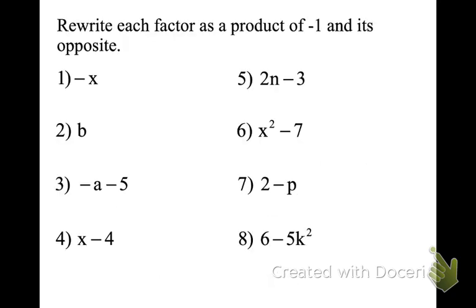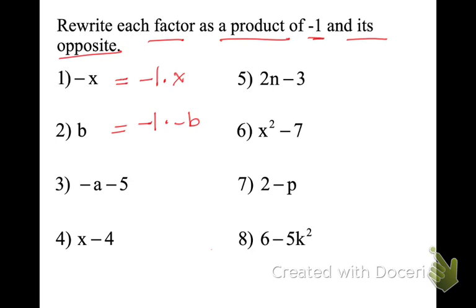Now it's asking us to rewrite each factor as a product of -1 and the opposite. So this is equal to -1 times its opposite. -1 times the opposite would be times -b.